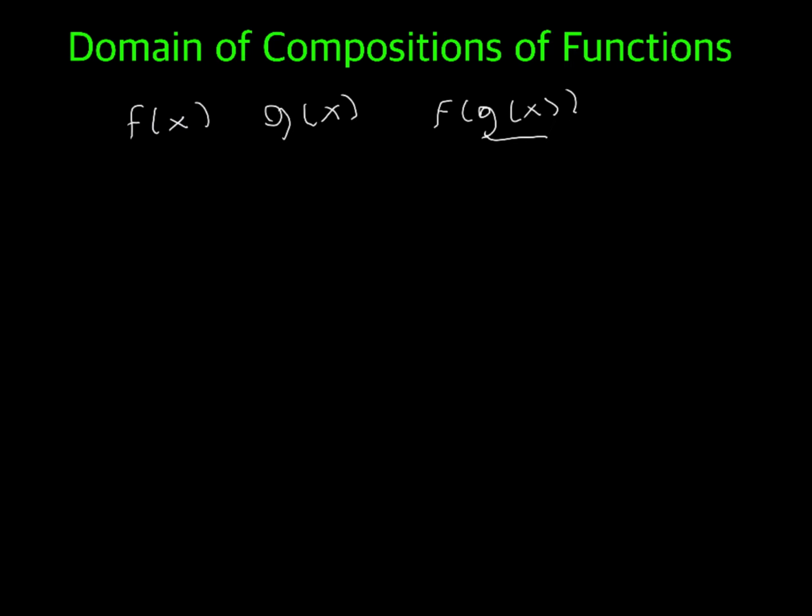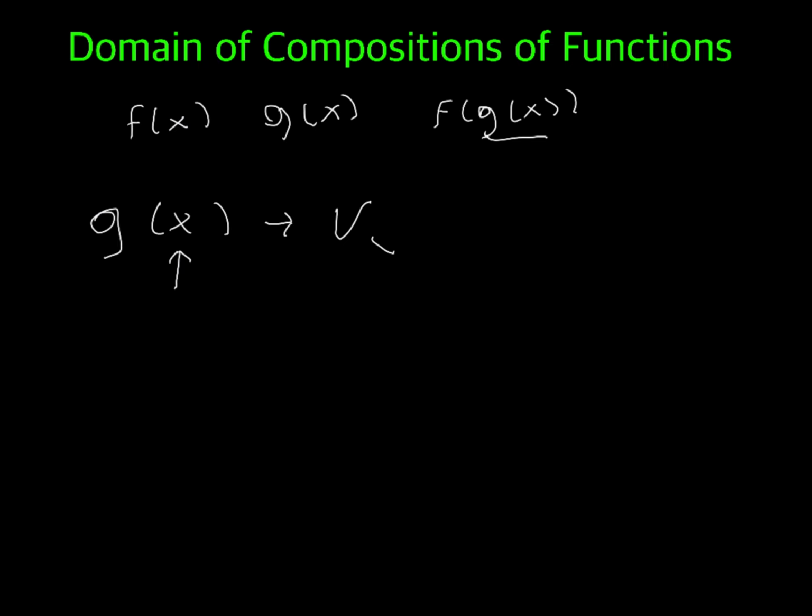Now, why do we do this? Well, when we're evaluating compositions of functions, we first evaluate g of x, because that is where our x value is going. It is going into g of x, and then whatever this is equal to, we'll say it's equal to v.